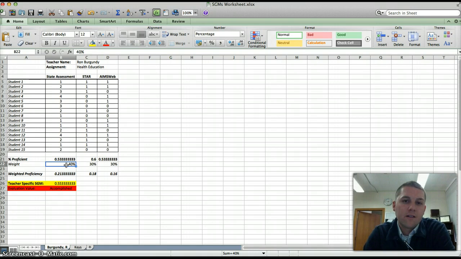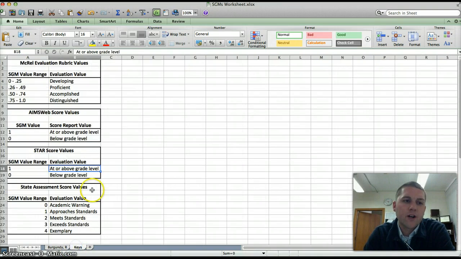Again, some teachers are going to want certain things probably weighted more heavily. That is a decision between principal and teacher. The specific SGM, the culminating value, is simply these 3 weighted proficiencies added together. And so I come up with a weighted value of 0.533.